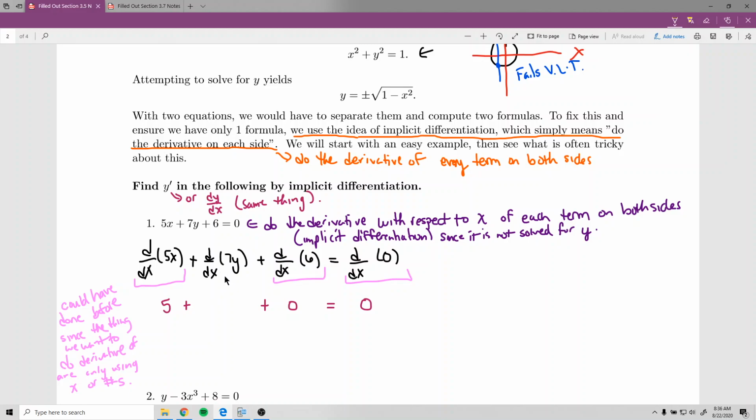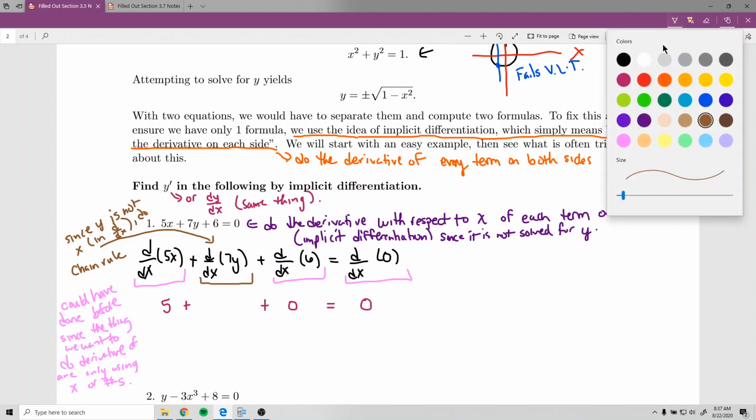Although this one looks kind of weird. But what I'll say here is since y is not x, different letter, we must use the chain rule. So the variable inside is not the variable we want to do the derivative with respect to. Do the chain rule.